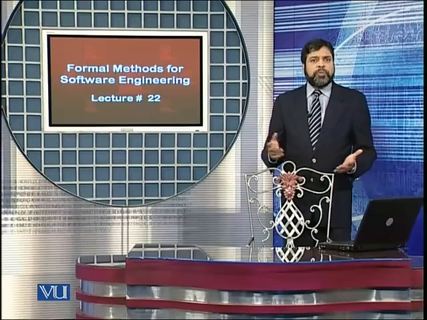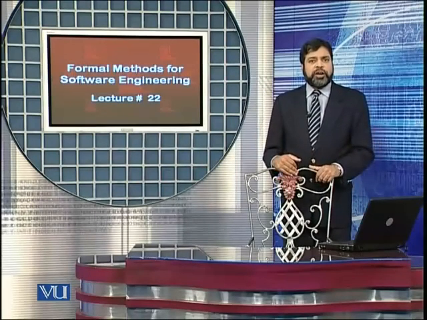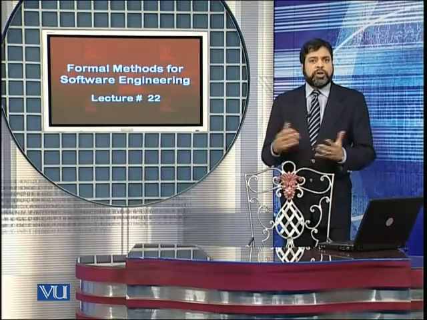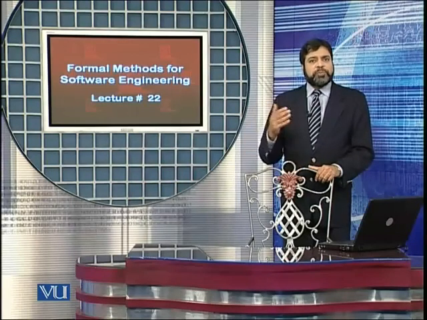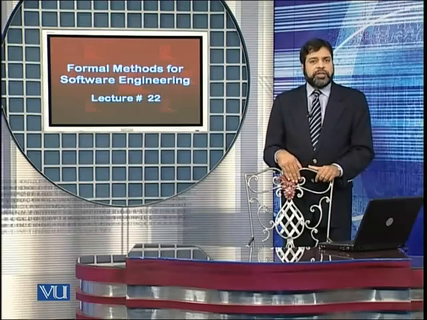Sort is the type or an abstract data type that we are writing the specification for. And we may also include things such as import and so on and so forth. What are the other specifications that we are using inside this specification?